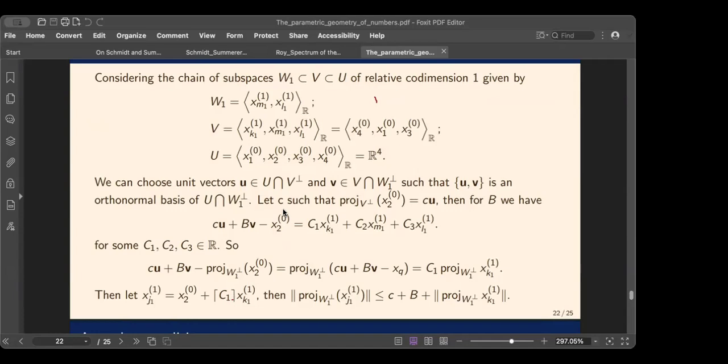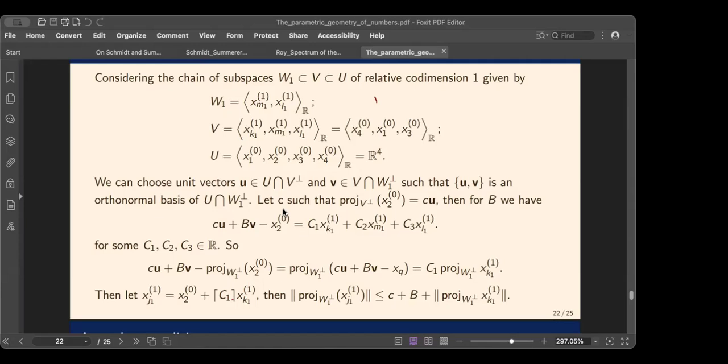Then we can choose unit vectors U and V such that U, V is an orthogonal basis of the orthogonal subspace of W1 in R4.